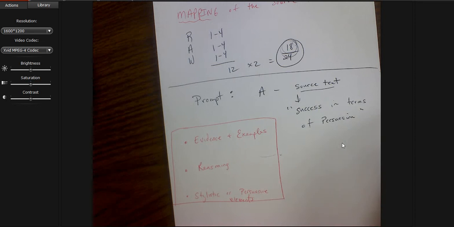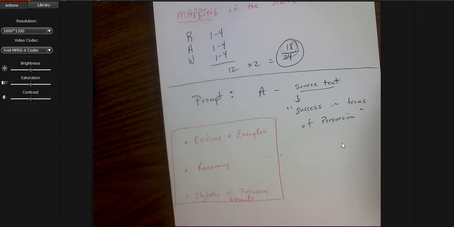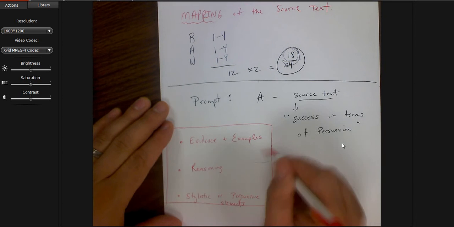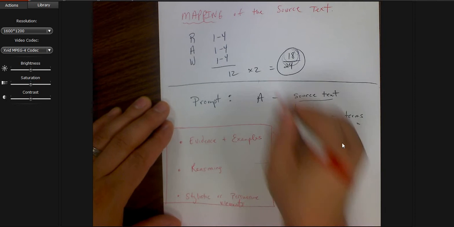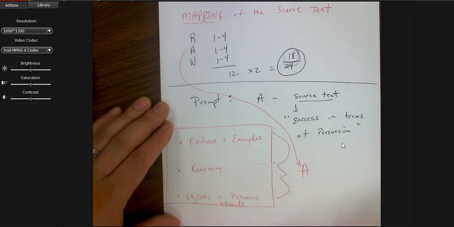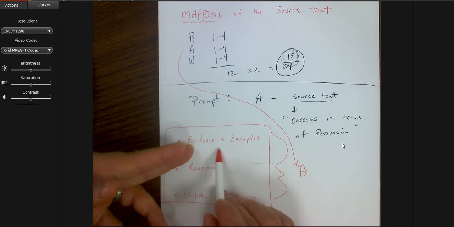And I think any other stylistic or persuasive element that you can make an argument for would fall into place here, and it would be fine. And so these three things are going to play a huge role in your analysis score. How did you analyze that source text and be able to prove it?